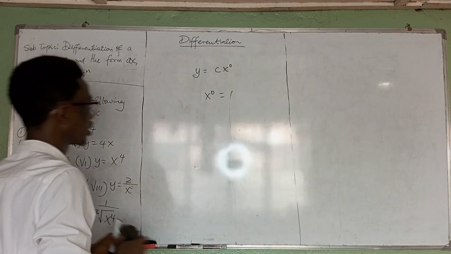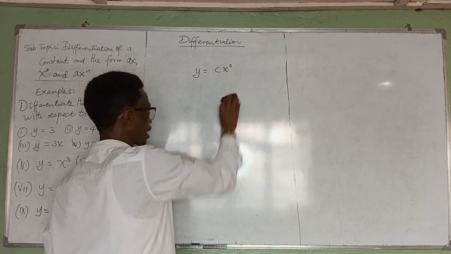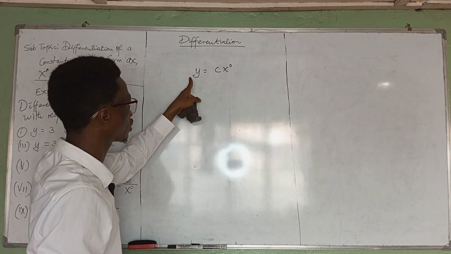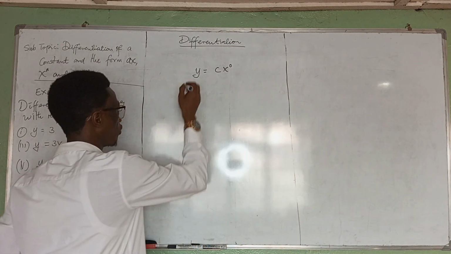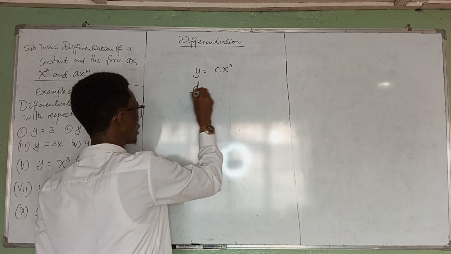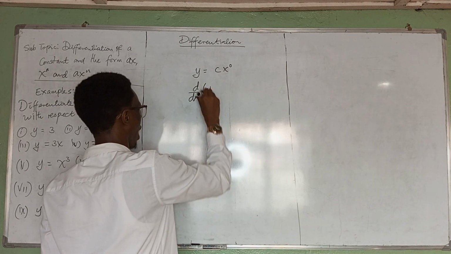Now let's say we want to differentiate this with respect to x. We differentiate y with respect to x, taking the derivative dy by dx of y.